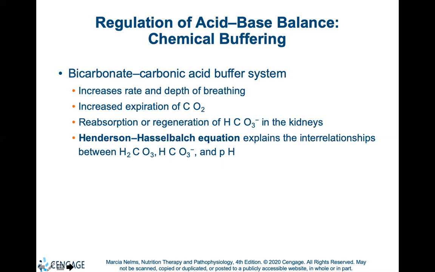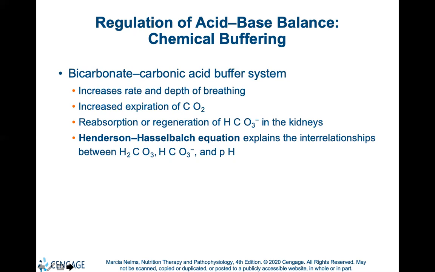Buffers are present in all body fluids, both extracellular and intracellular. The primary buffer in extracellular fluid is the bicarbonate carbonic acid buffer system. This buffer system accommodates more than 80% of the required buffering in the extracellular fluid.